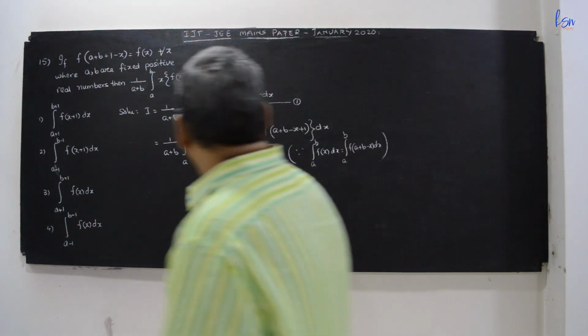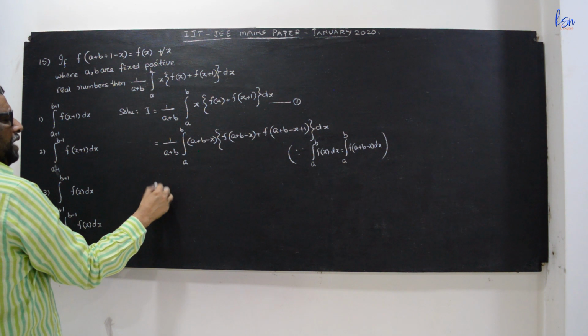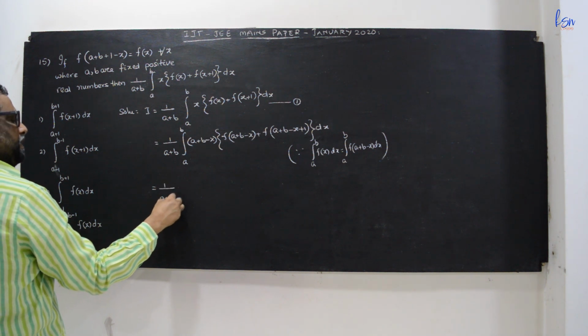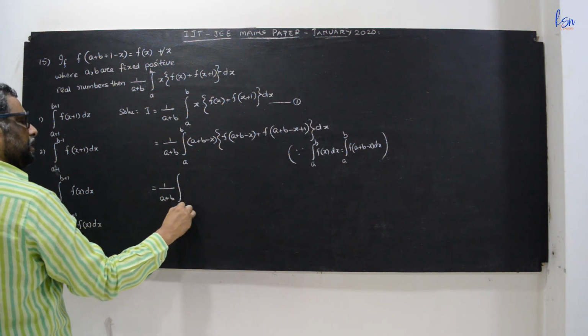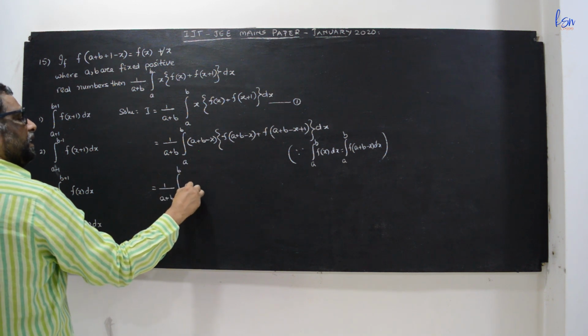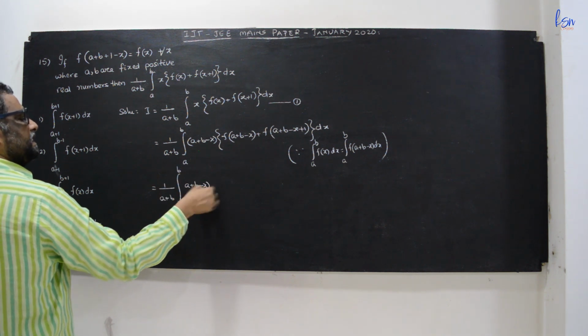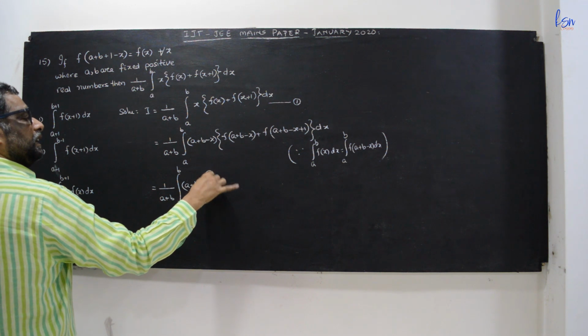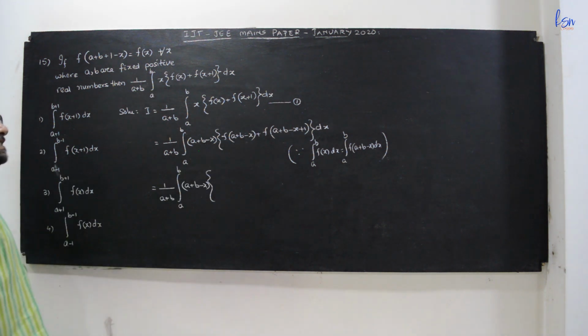Now this can be written as 1 by (a plus b) integral a to b (a plus b minus x) into f of (a plus b minus x).